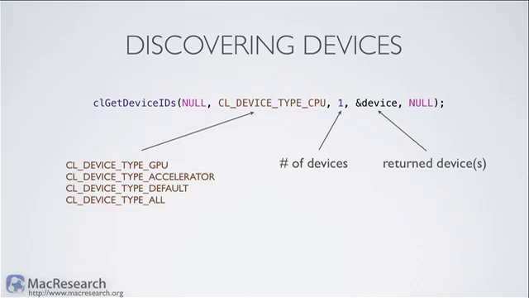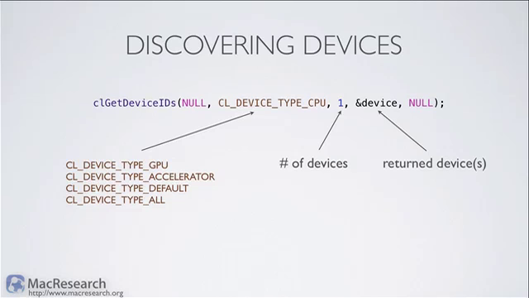By default, you may want to look for the CPU device, but you can also look specifically for the GPUs only. You can look for accelerator devices, so something like an FPGA, or I believe the OpenCL spec references the Cell processor as being defined as an accelerator. So things like that would be an accelerator. If there's a multimedia chip, something very specific, that might be an accelerator as well.